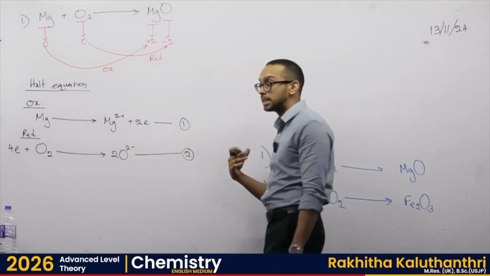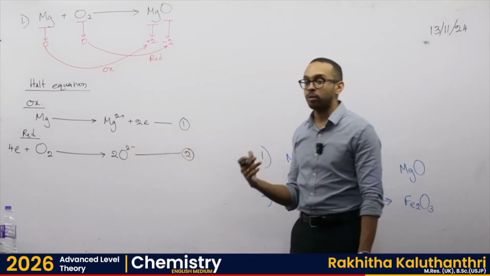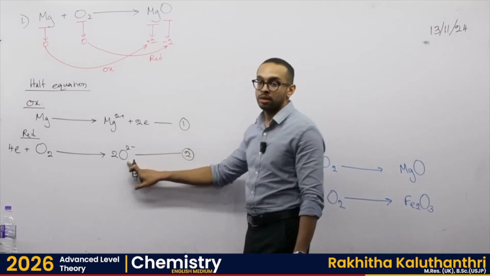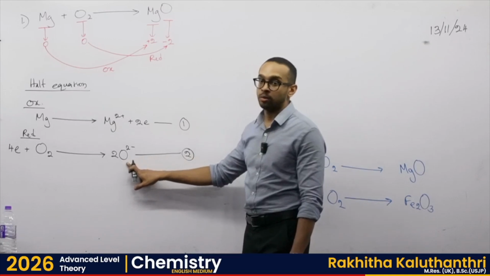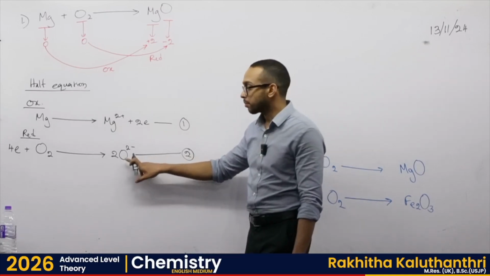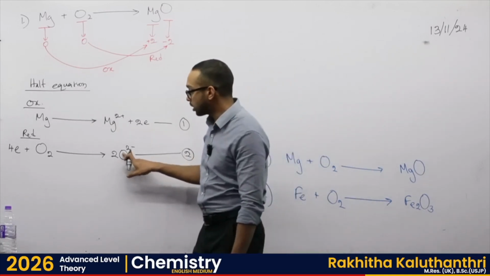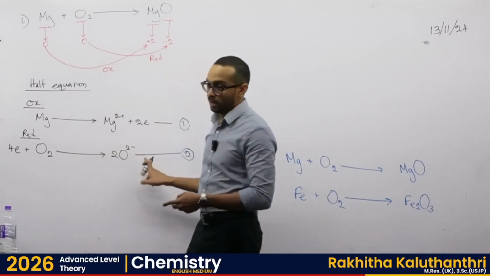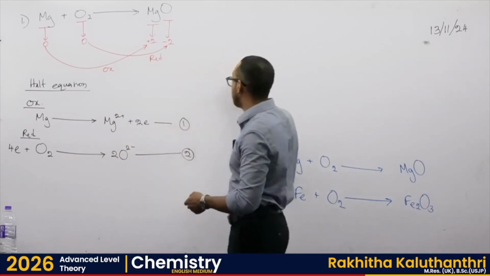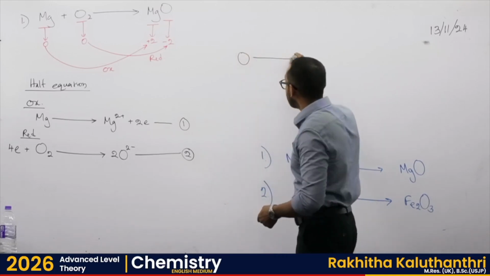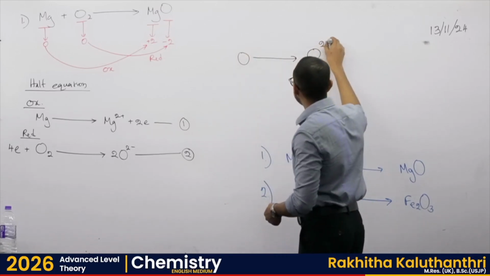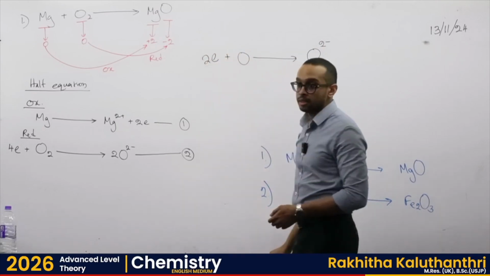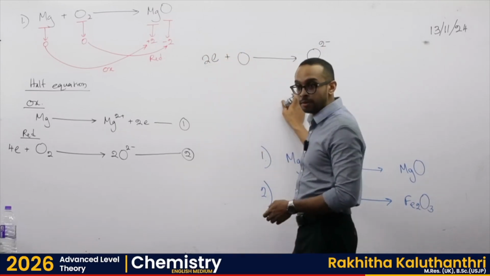Group 16 elements, when they are forming ions, will gain 2 electrons and form 2- ions, or oxide, or O2- ion. So now students, that means each oxygen atom should gain 2 electrons to form 2- charged ions. One oxygen atom, if you just write an oxygen atom, it is the one that is turning into O2-, no? That means there should be 2 electrons gained to turn into this.